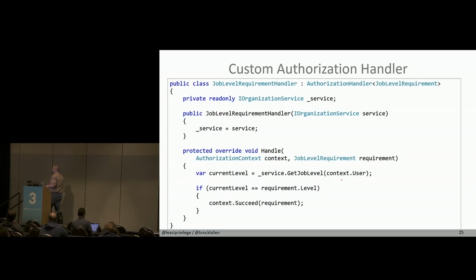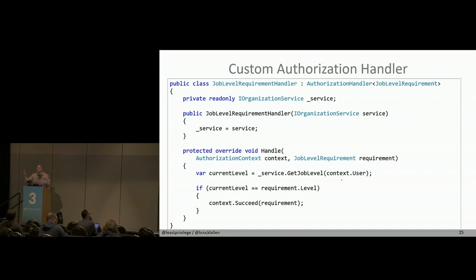Well, the policy-based system has the ability to create what's called a custom handler. Basically, you can create your own requirement. And a requirement is just a concept. It can have some data with it if you want, or not anything at all, it doesn't really matter. But the whole point is you create this concept of a requirement. So I've created this job level requirement.